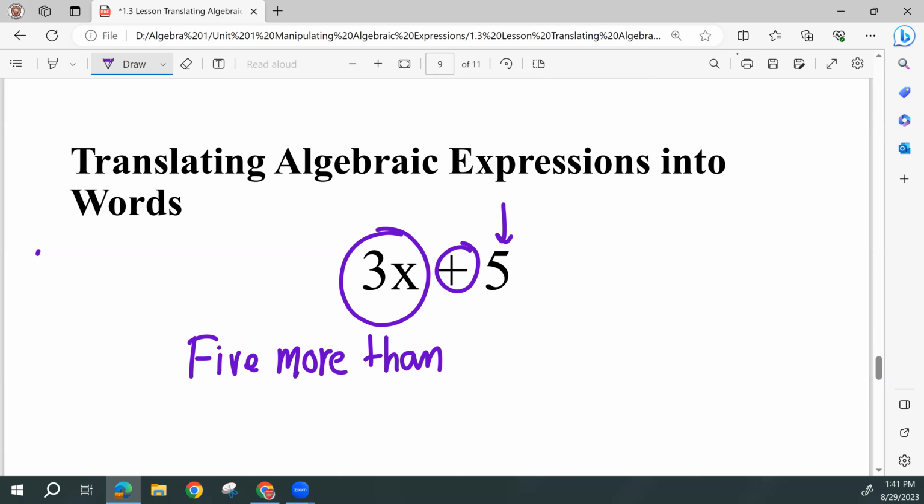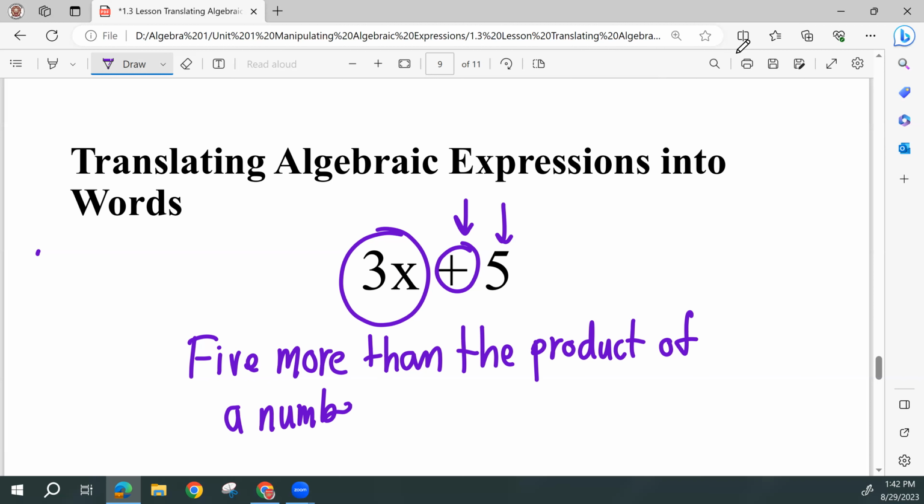So 5 more than the product of a number that is x and 3. So 5 more than the product of a number and 3. We could write the product of a number and 3 plus 5. This, I believe, sounds better.